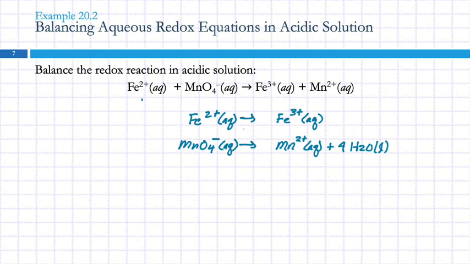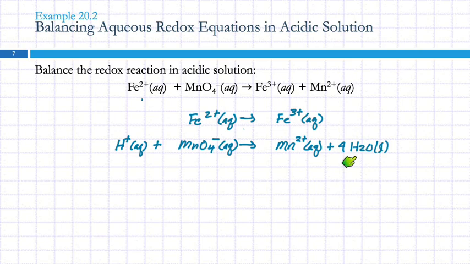That's great. I fixed oxygen, but I introduced a second problem. Now I've got hydrogens that aren't balanced. So we're going to balance hydrogens by adding hydrogen ions. This is an acidic solution, meaning there are hydrogen ions around. So I'm going to put some hydrogen ions in here.